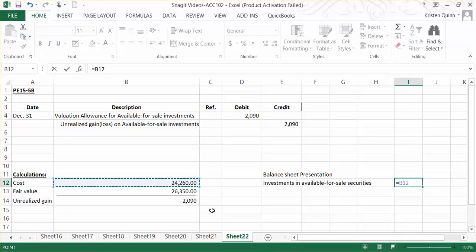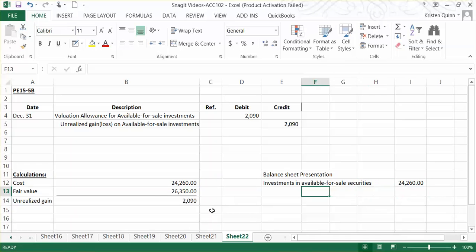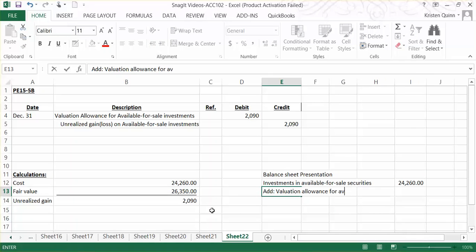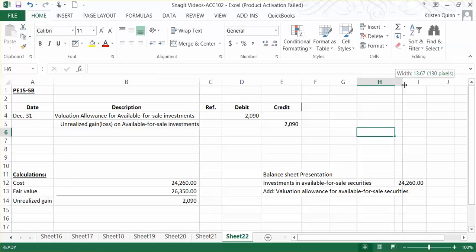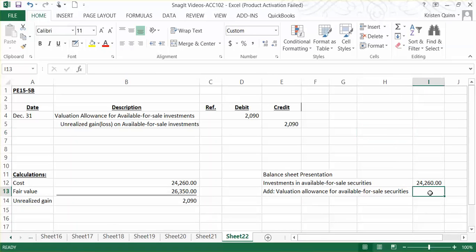For our balance sheet presentation, we'd have our investments in our available for sale securities for a total of $24,260. We would add to that our valuation allowance for available for sale securities, which we know is an adjunct asset of $2,090.